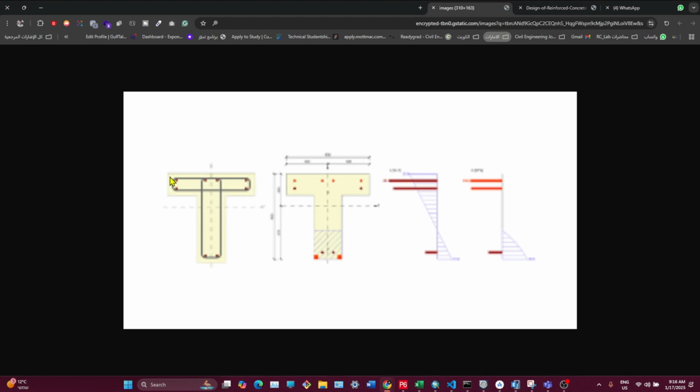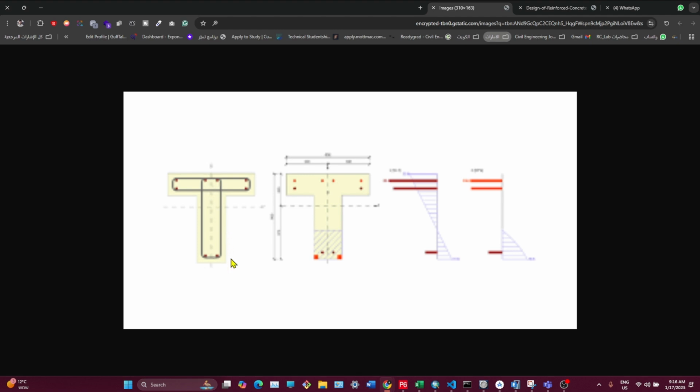The flange can resist shear forces, but not with the efficient capacity of the web. The flange is more efficient for moment capacity resistance, and on the other hand, the web resists shear forces rather than moment.